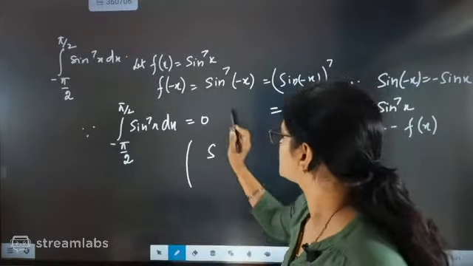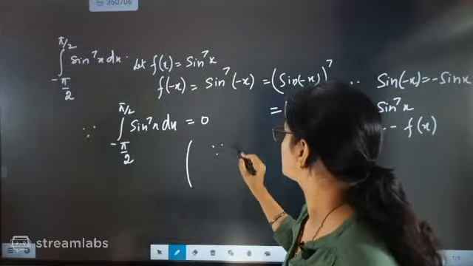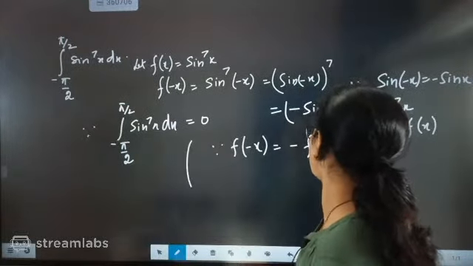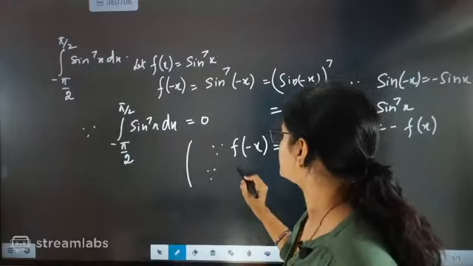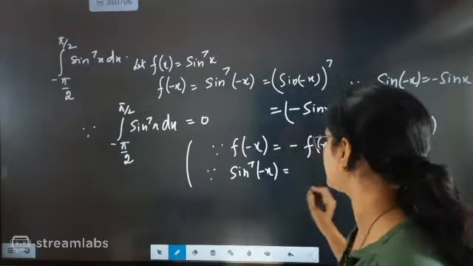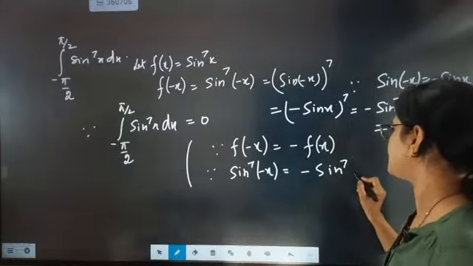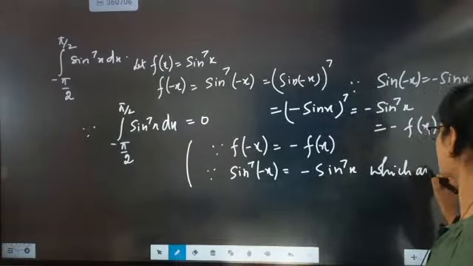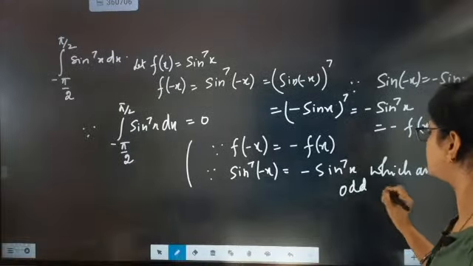Since f of minus x is coming as minus f of x, that is, sine to the power 7 of minus x is coming as minus sine 7x, which is an odd function.